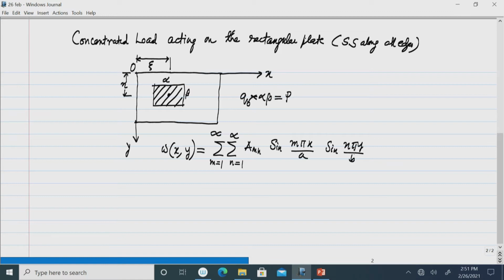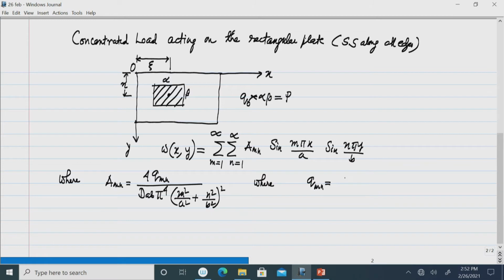So, this is our original expression for the deflected surface, where A_mn is equal to 4 Q_mn divided by D a b pi to the power 4 into (m square by a square plus n square by b square) whole square, where Q_mn is here. Actually, the patch loading is there.